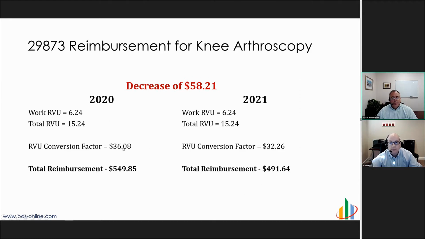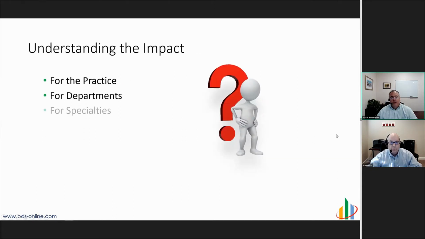Yeah, that's significant. What's interesting is in the past, normally we would see RVUs go up or down, and the conversion factor typically would increase a little bit. In this case, by changing the conversion factor and not changing the RVUs, it would almost appear it's, oh, well, the RVUs are the same, right? But the net effect is a reduction in payment.